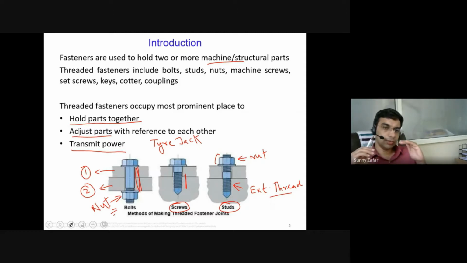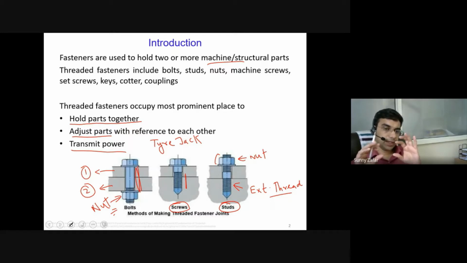In order to lift your vehicle so that you can remove the tire, you put the jack under the proper location beneath the automobile, and then you loosen it up. All those threads on the tie rod of the tire jack are the threads which are transmitting power, and they are also helping to lock it there.